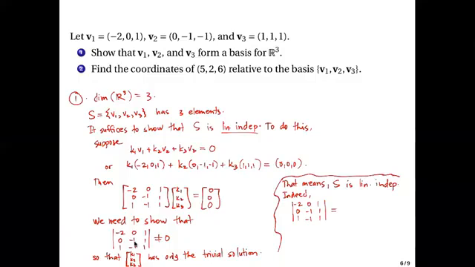This is equal to what? -2 times -1 times 1. That's +2. 0 times 1 times 1. So that's +0. 1 times -1 times 0. That's still +0. Minus quantity. So try to work on the determinant here.